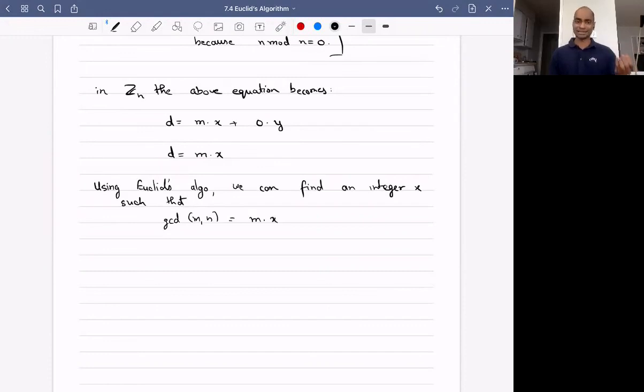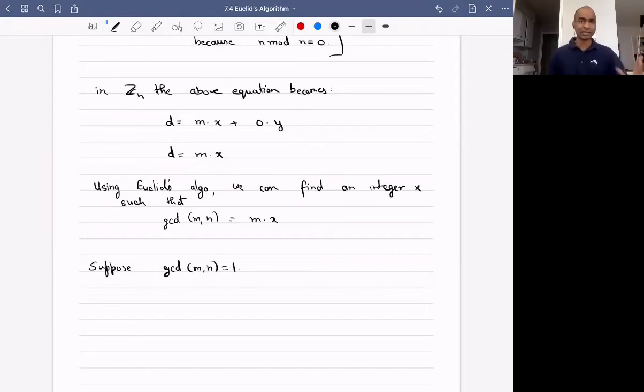Now we'll specialize a little. Now further suppose GCD of m comma n is 1. Of course, this is not true for the example we did above, but you can have m and n like 3 and 5, in which case this is true.